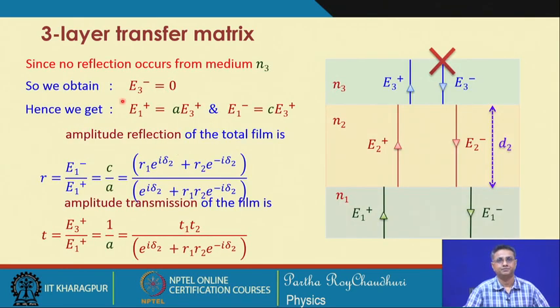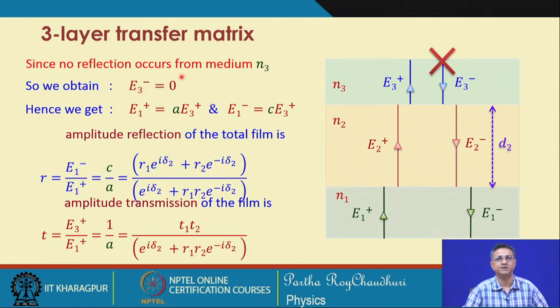So, all these parameters are known. Therefore, we can now look at the film and consider the situation that because this layer N3 is infinite and there is no reflected wave in this direction, E3 minus will be equal to 0, whereas E3 plus is a quantity which is non-zero.